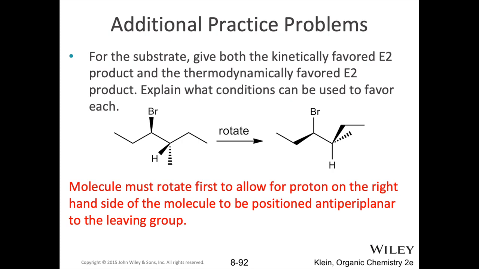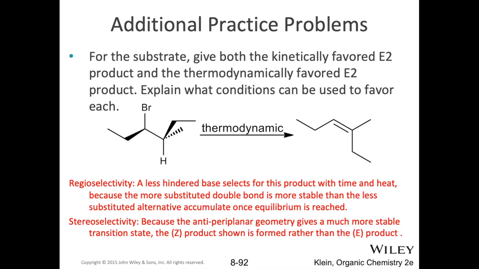Something to keep in mind. They did that here, to get the hydrogen and bromine to be anti-periplanar. Once you figure that out, thinking about which direction your groups are pointing tells you what the alkene is going to look like.